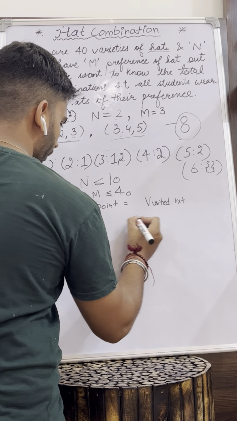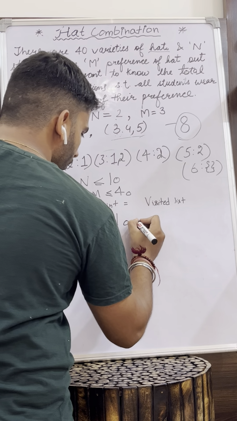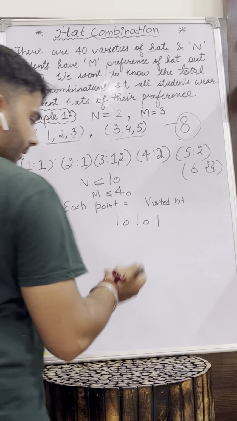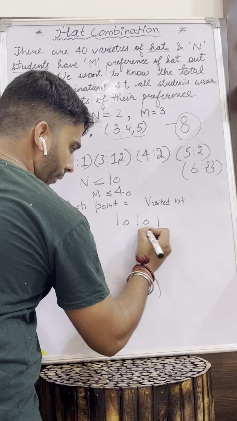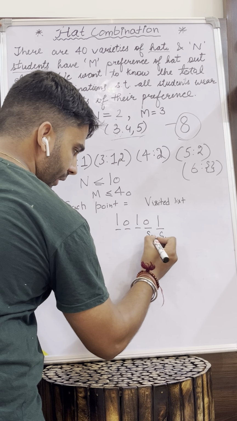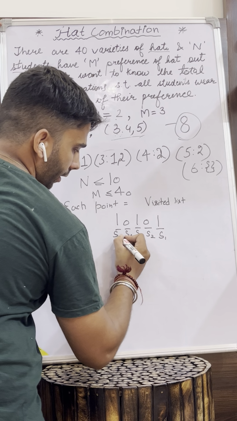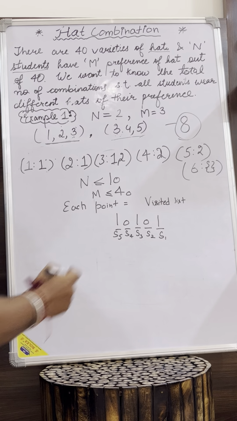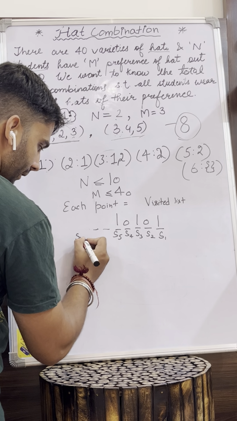Let's create this. Suppose we have a binary number 1 0 1 0, like this, right? Suppose these positions represent the students S1, S2, S3, S4, S5, right? And maximum we have up to 10.